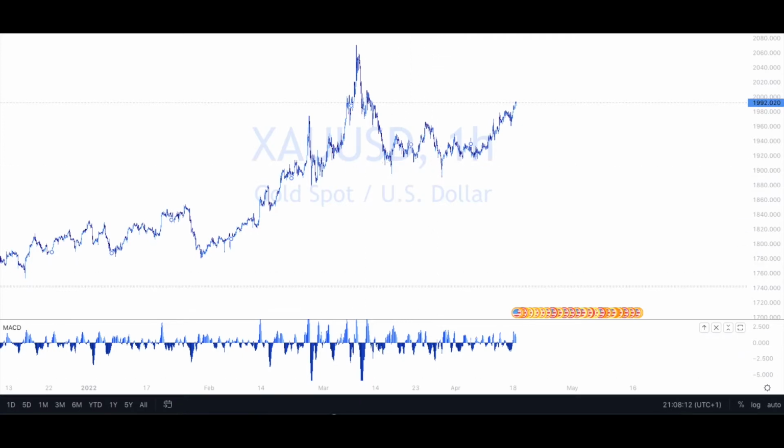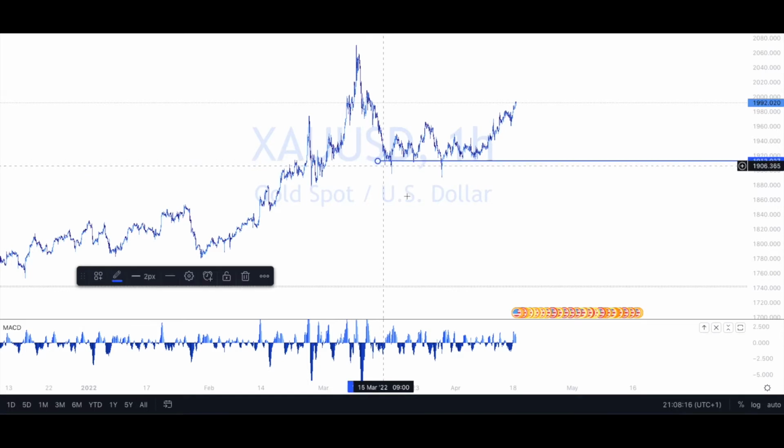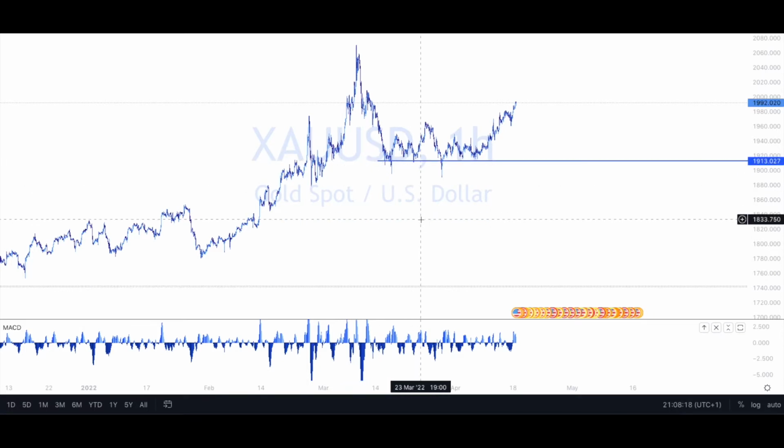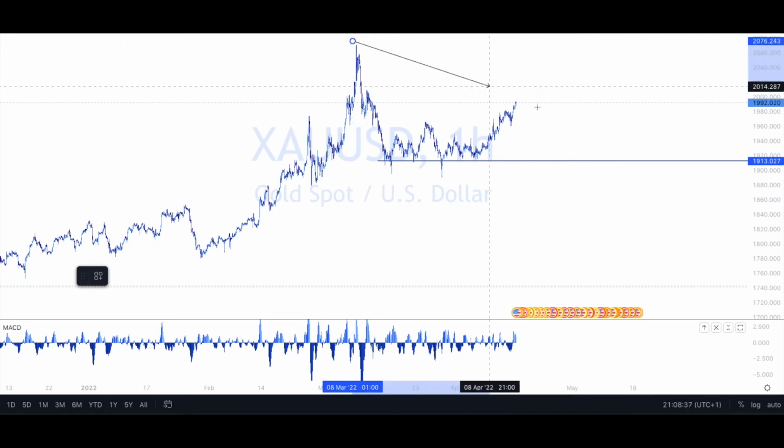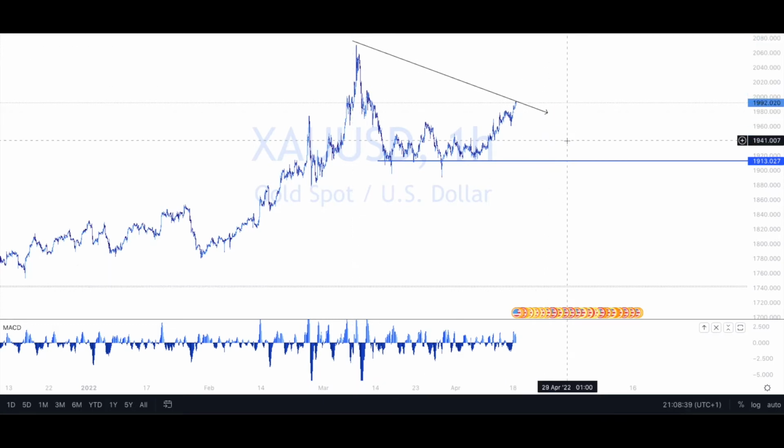So I would mark out this area as a level of interest for me, especially depending on what I'm going to be doing in the market. As we can see, the market right now is at a high point, and previously this was a high point too. So this overall move right here could be considered a downtrend.